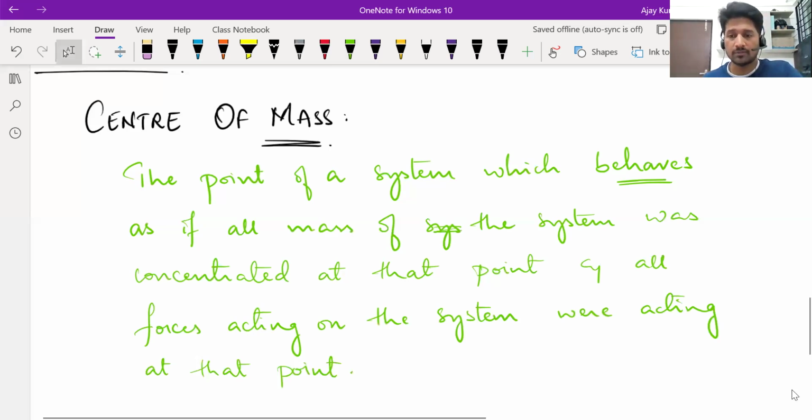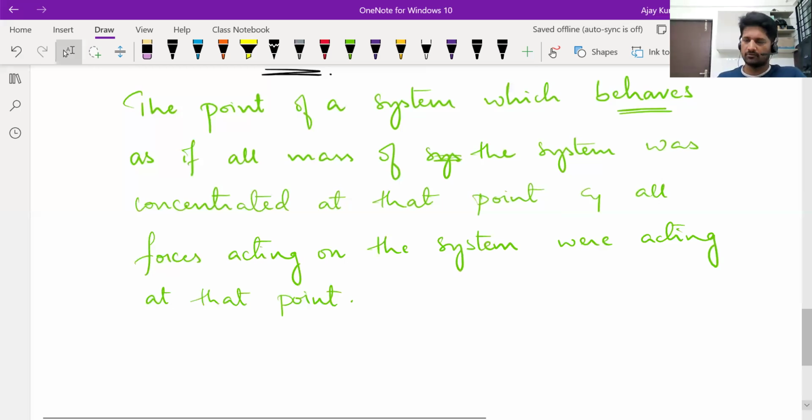A point which behaves like this is what we call the center of mass.